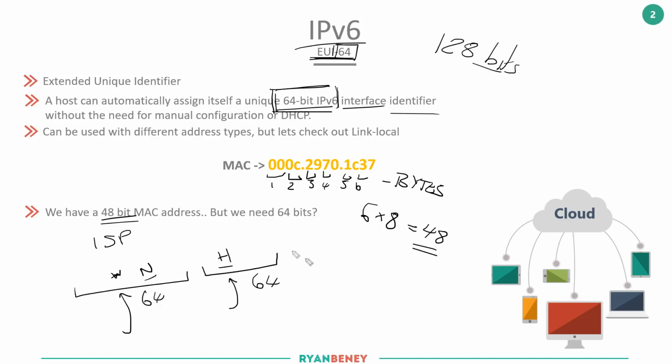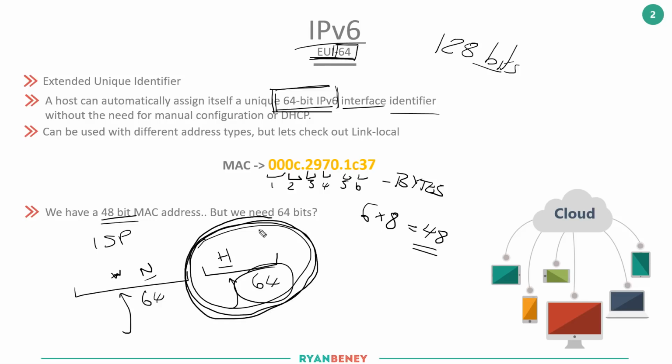So here we know that we're focusing on the host portion, which is 64, and this is what we're trying to establish here: a method by which the host part of the address can be automatically assigned to a particular client.